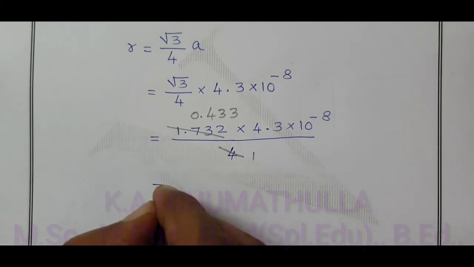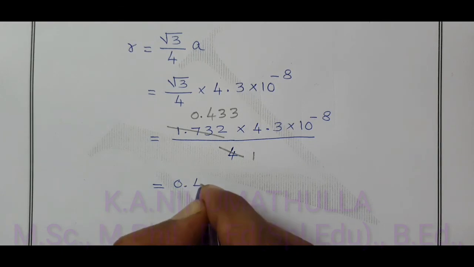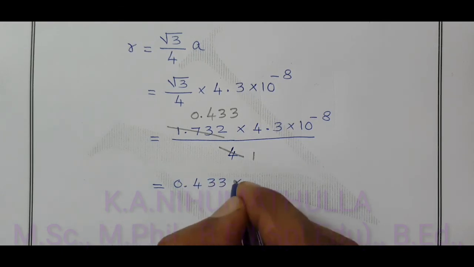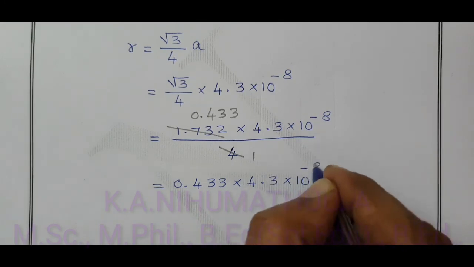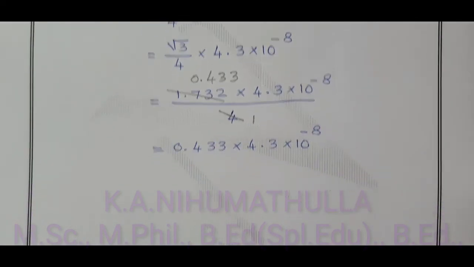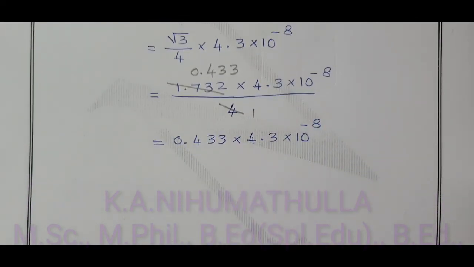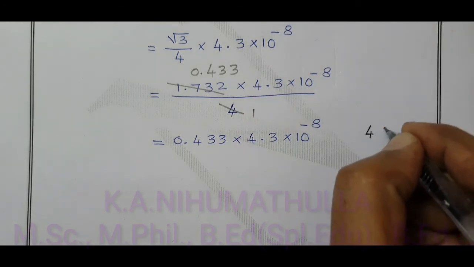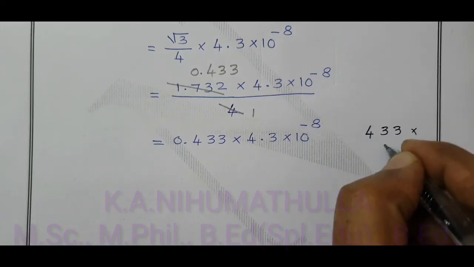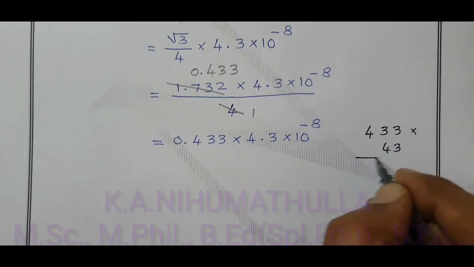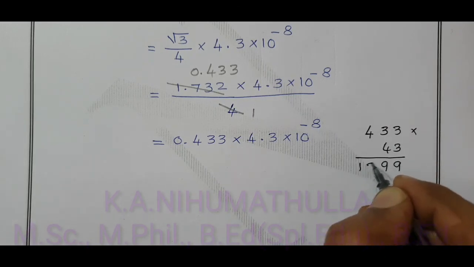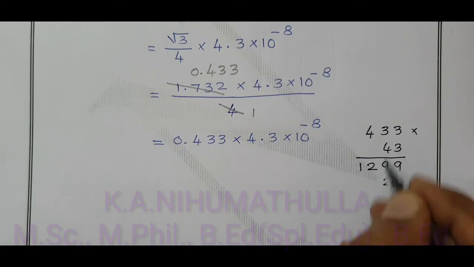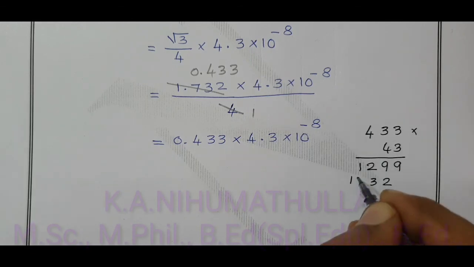That is equal to 0.433, and 4.3 × 10^-8. We have to multiply these two quantities to get the final answer. 433 and 43: 3 3s are 9, 3 3s are 9, 3 into 4s are 12, 4 into 3s are 12, remaining 1, 13, remaining 1, 17.